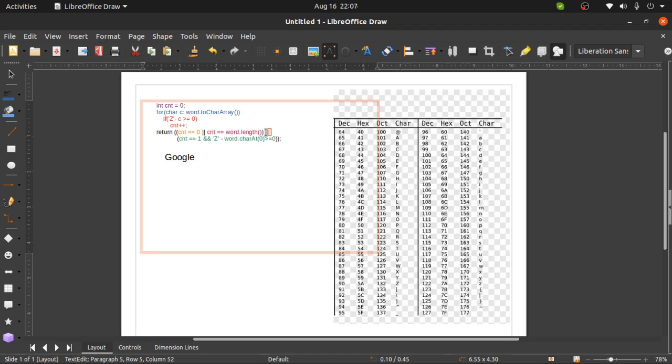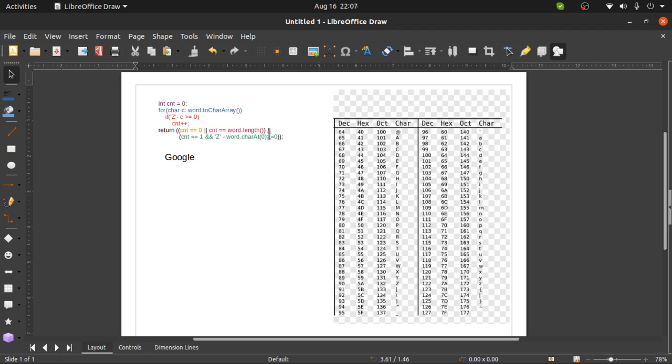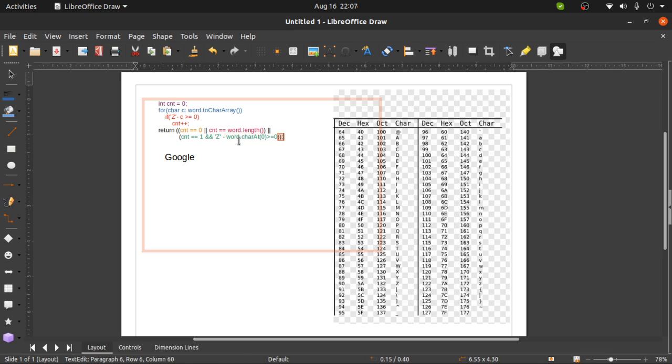Or my other check is if I have one uppercase letter only, but also Z minus word char at 0 should also be uppercase. So the very first character should be capital, right? That's what the condition was.